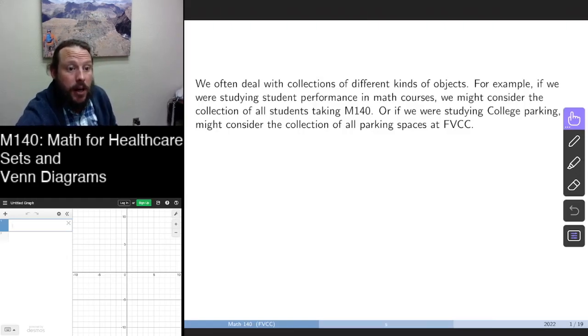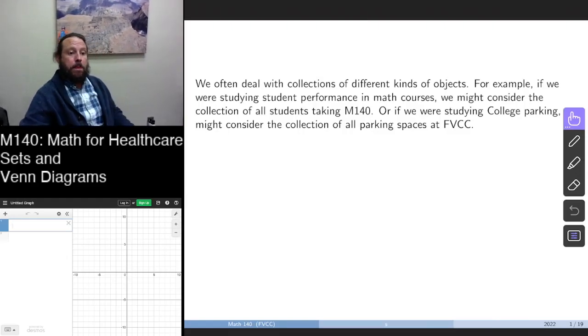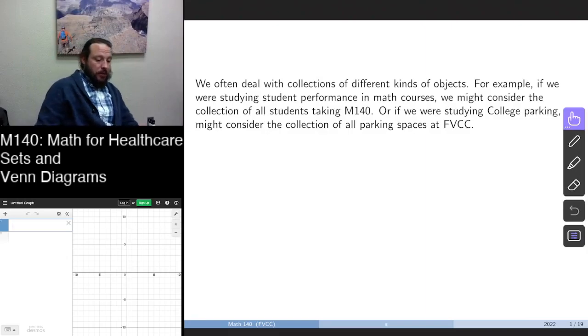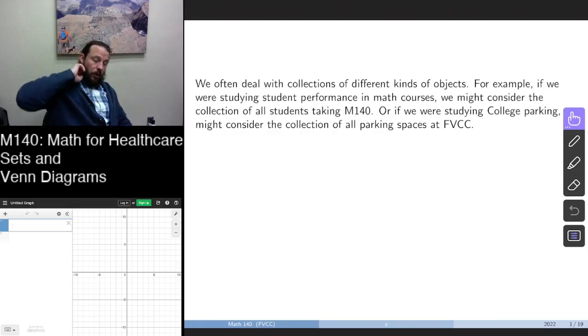It turns out that sets are a basis of pretty much all mathematics, but they're very important structures to understand in order to do probability or statistics. So that's why we start there. And I try to keep it to the relevant information and the stuff that we need to know about them in order to do the work we want to do.